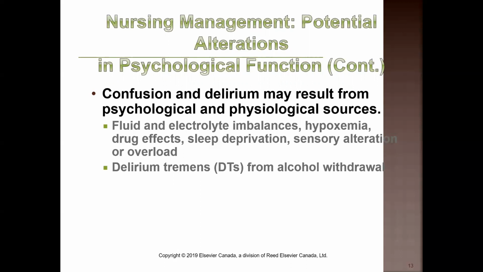For patients who have a history of alcohol use, in particular alcohol addiction, so chronic alcohol use, we can see alcohol withdrawal, and that can present as delirium tremens or DTs. We call that because we often see those fine tremors in the hands. If we suspect that there is any possibility that a person is undergoing some alcohol withdrawal, we want to ask the patient just the way we would ask any other question.